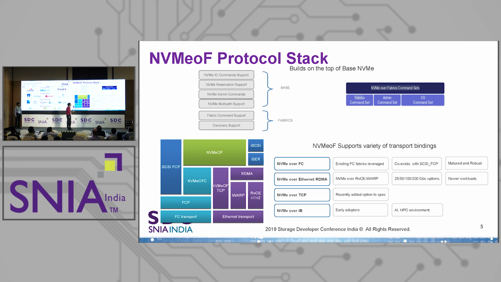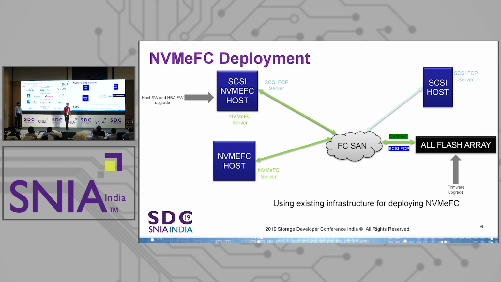Okay, sure. I would like to take this question first. This is a setup where we have a SCSI host and an all-flash array, and SCSI-FCP was there. As I have already told you, suppose this is not supporting NVMe right now, and you are asking how much more cost will be required to upgrade it to an NVMe supported SAN, right?